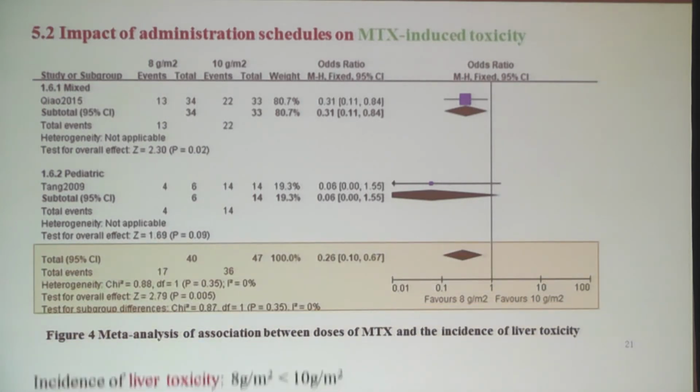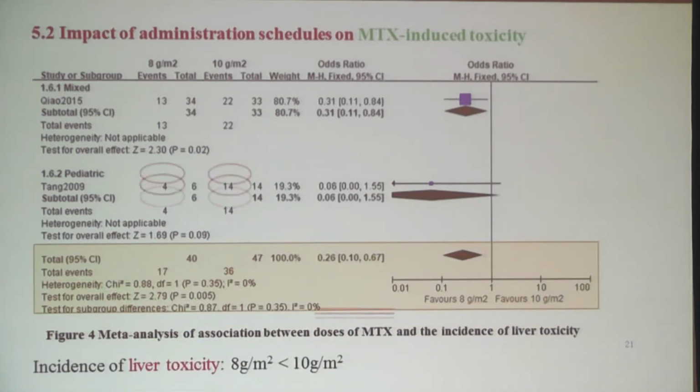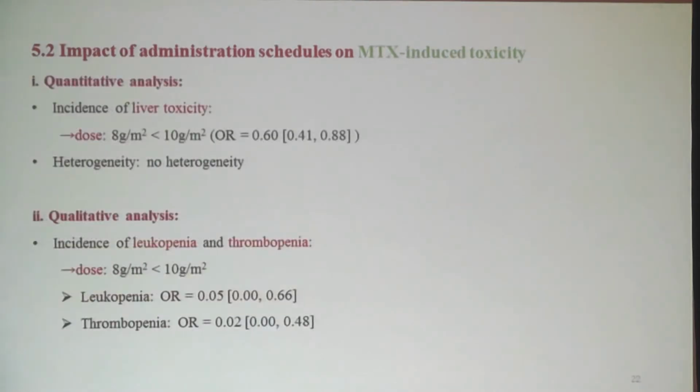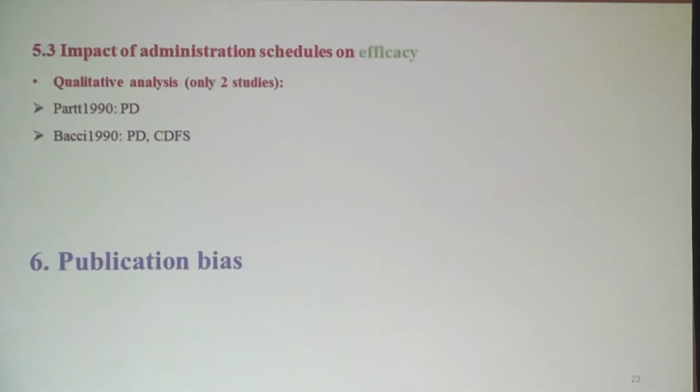And the second aspect is safety. Figure 4 shows that a dose of 8 was superior to 10 in lowering the incidence of liver toxicity, and there was no inconsistency. And qualitative analysis showed that the lower the dose was, the lower the incidence of leukopenia and thrombocytopenia was.